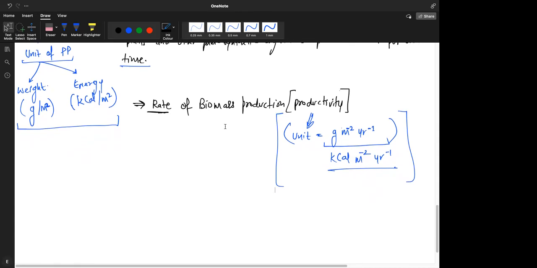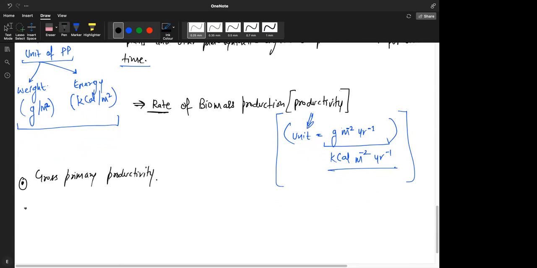Cool. Now there are two more concepts that we have to understand. One is called gross primary productivity. Any idea what this is?